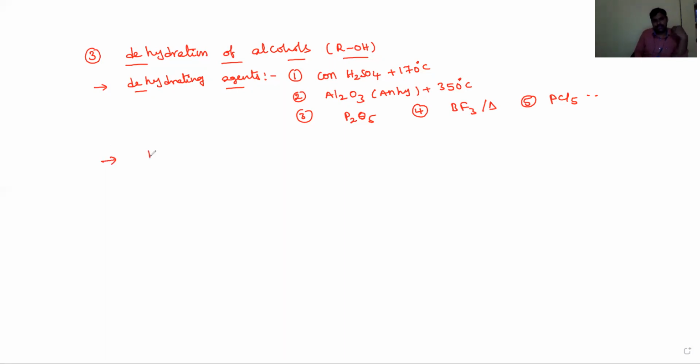This is also a beta elimination reaction, and it follows Saytzeff's rule.